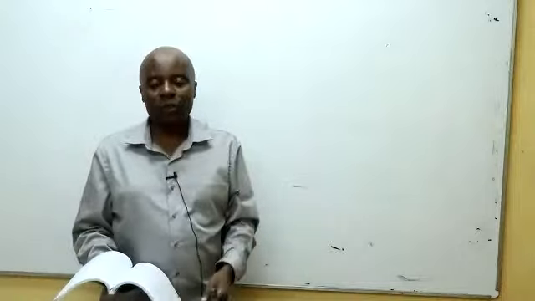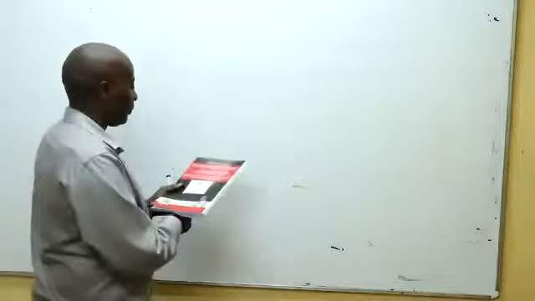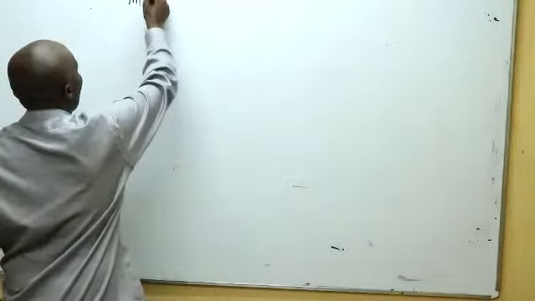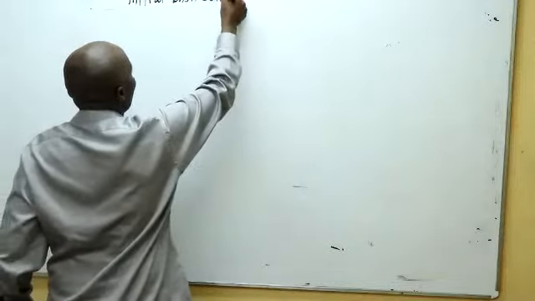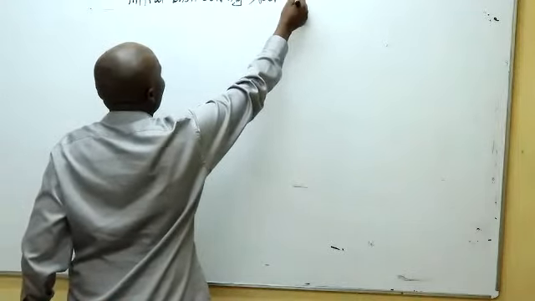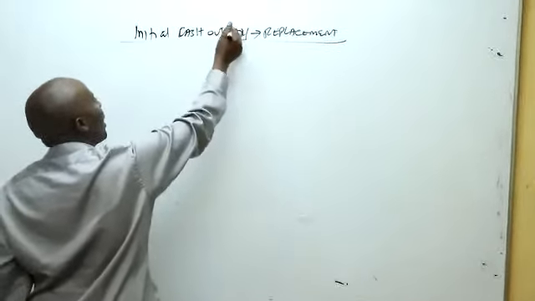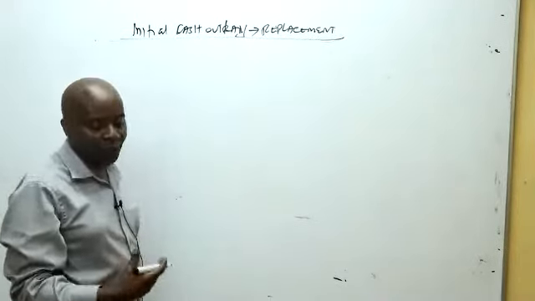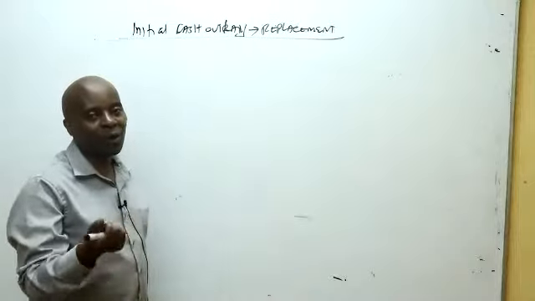So let us start with the initial cash outlay required for replacement. How much do we need for replacement? The moment I'm able to tackle this, then I will have known how to tackle every other thing.